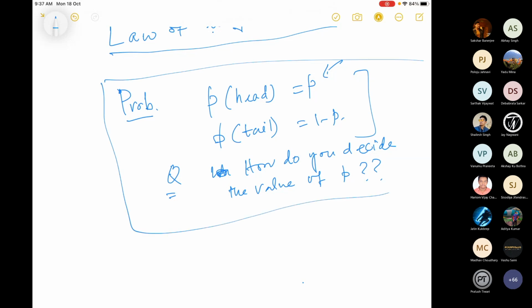Now, in order to solve this problem, what can you possibly do? Can anybody tell me? In order to find the value of P, what can you possibly do? Anybody want to say something about it? Guys, can you hear me?